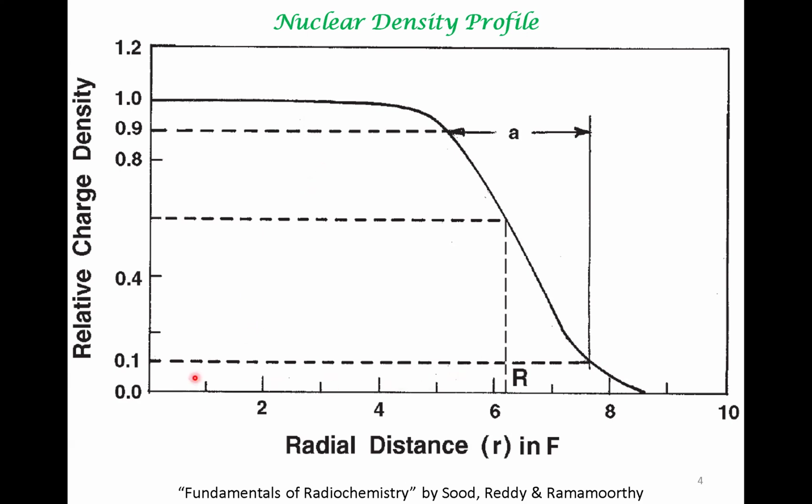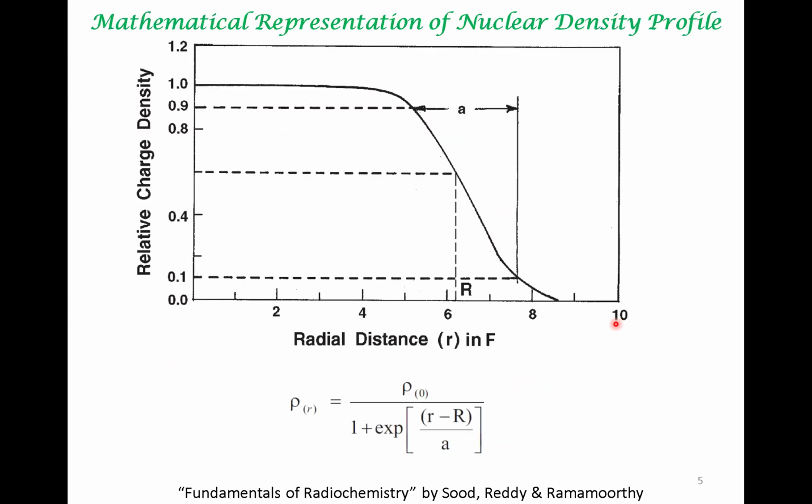In the middle of the nucleus, there is constant density, and there's a skin layer wherein the density decreases and goes to zero. This is a typical density profile that is utilized for describing the nuclear densities.